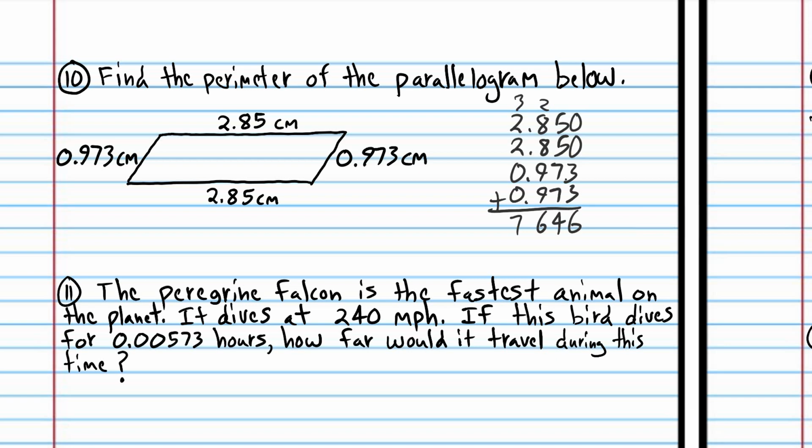So at that point, we're pretty much done. We just have to figure out where the decimal goes. But remember, when you're adding and subtracting decimals, the decimal just comes straight down. So it just goes right there. So that would be 7.646.